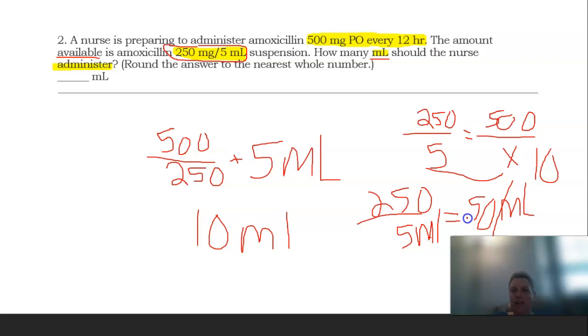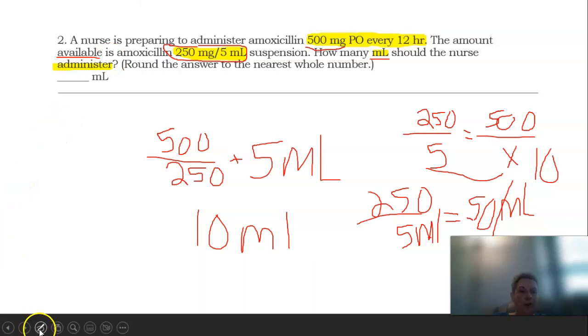So if I know that there's 50 milligrams per mil, can't I just come back here and say 50 times 10 and make sure that that equals 500? I have triple checked myself 3 ways, this answer is still 10.